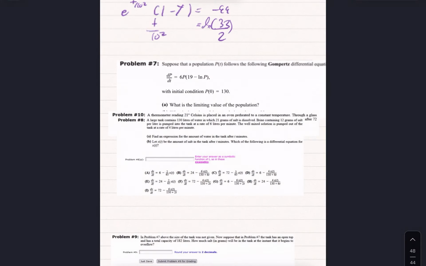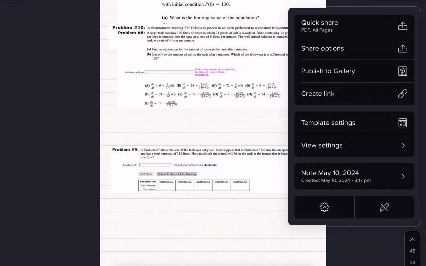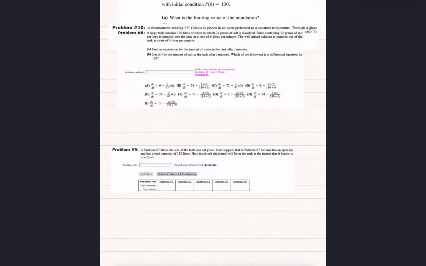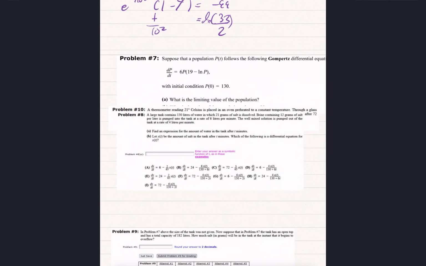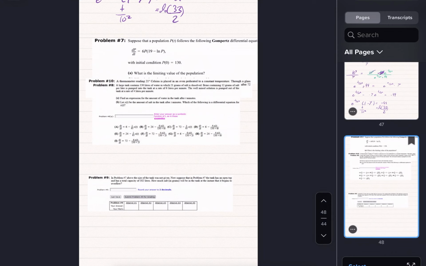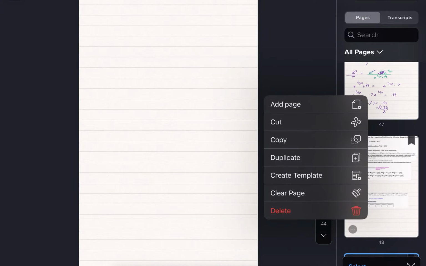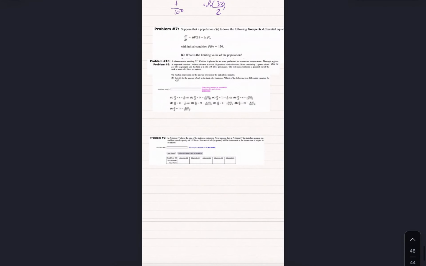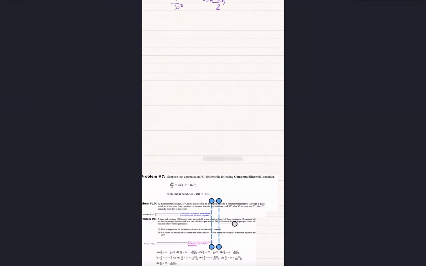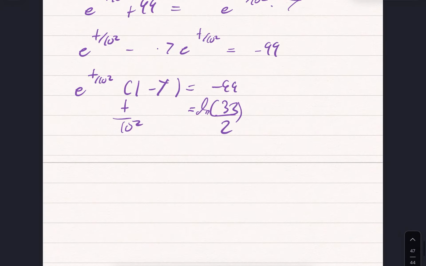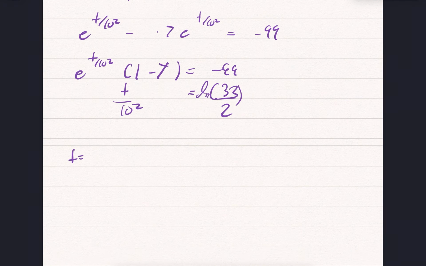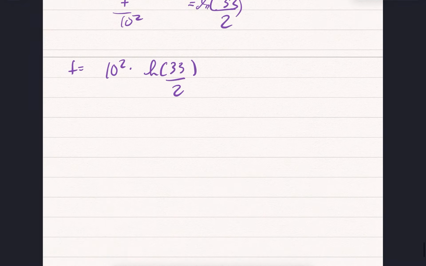And then moving back out, just going to add a few more pages if this thing starts bugging out again. So now we get t equals 10 squared times ln 33 over 2, and that is the correct answer.